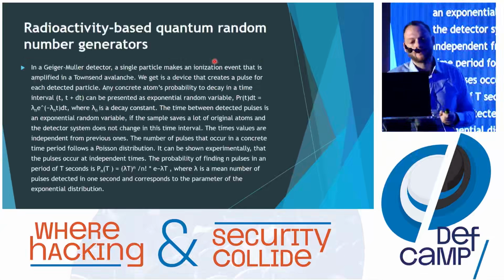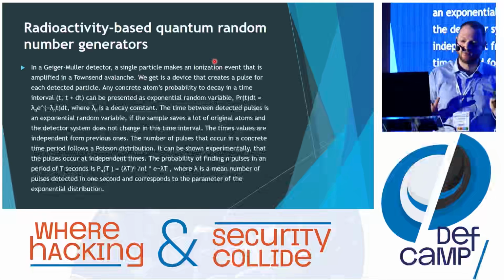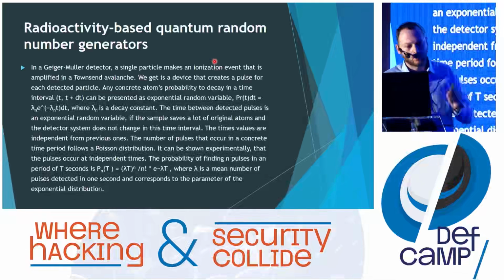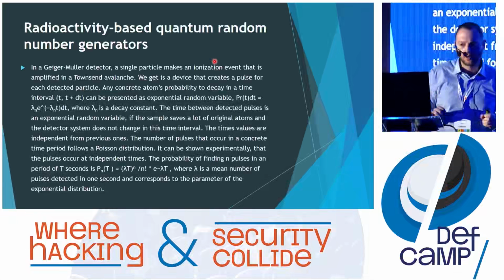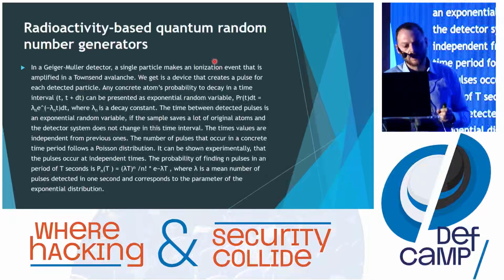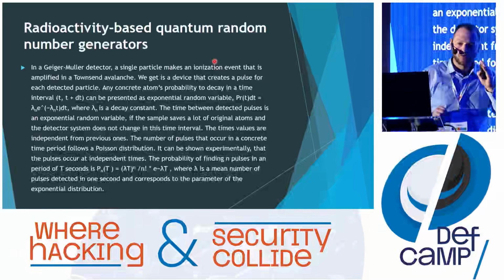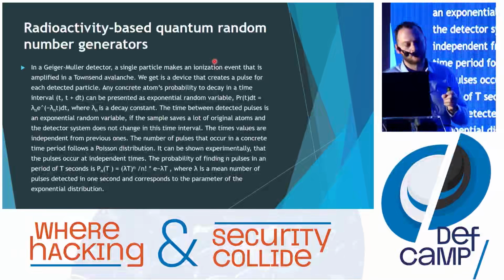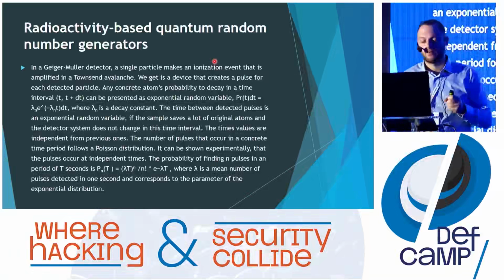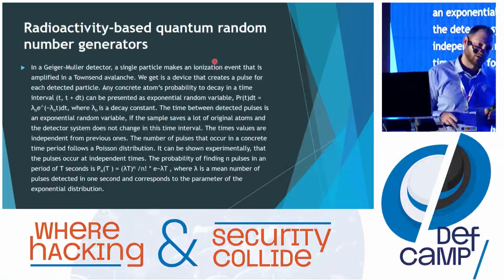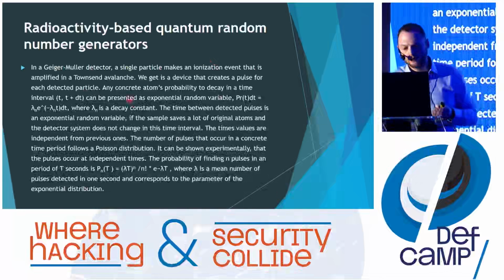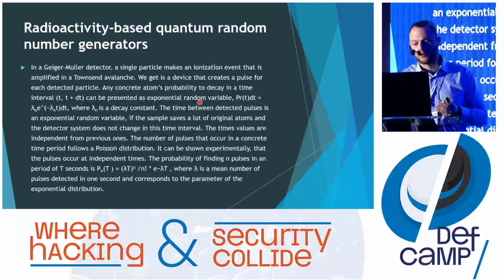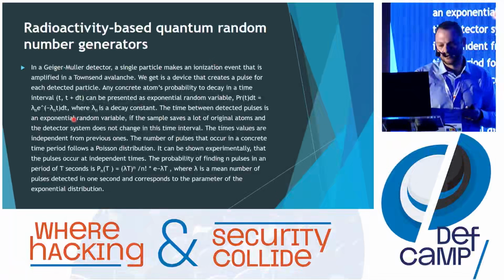In a Geiger-Müller detector, a single particle causes an ionization effect that is afterwards amplified in a Townsend avalanche. So we get a device that creates a pulse for each detected particle. The time of detection of this particle is an exponential random variable, and the probability of getting the pulse can be shown by this formula.